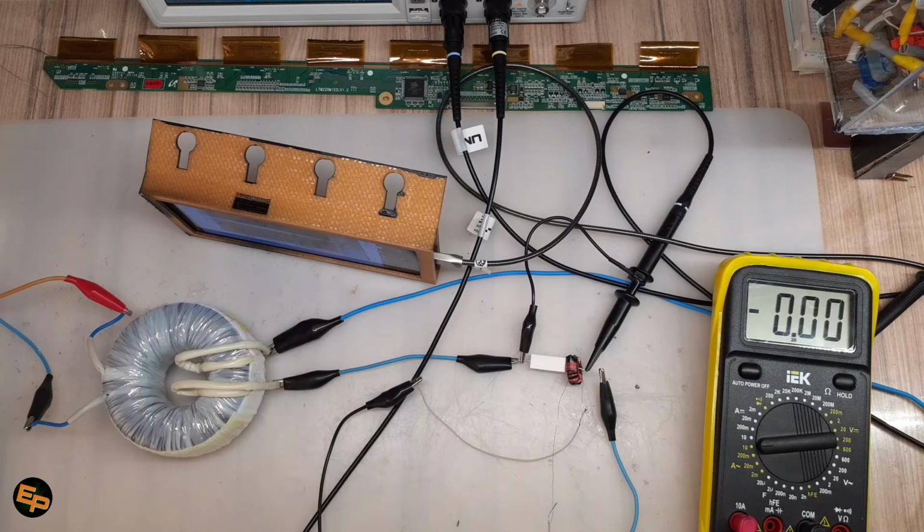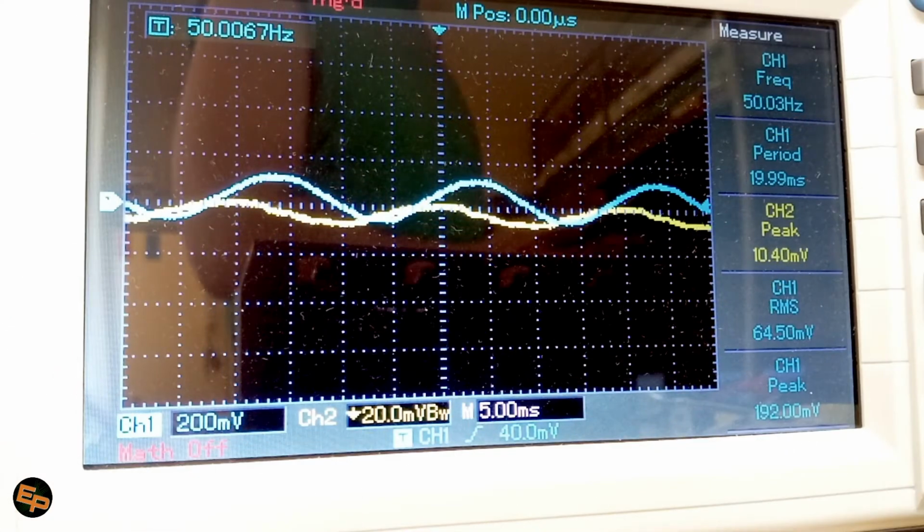Let's see. Click. Of course, I should power it up. Right, and so right now I'm drawing 600 milliamps from this entire circuit.